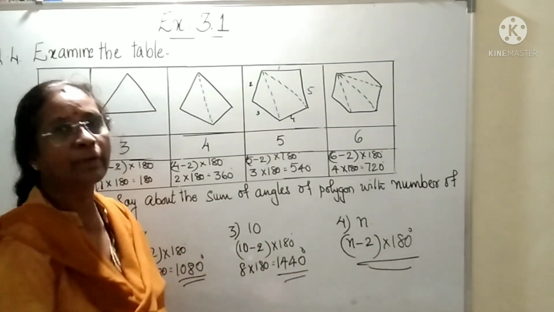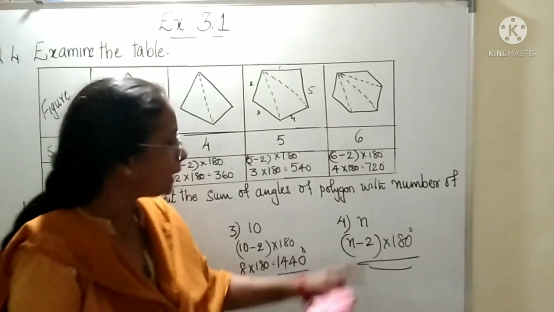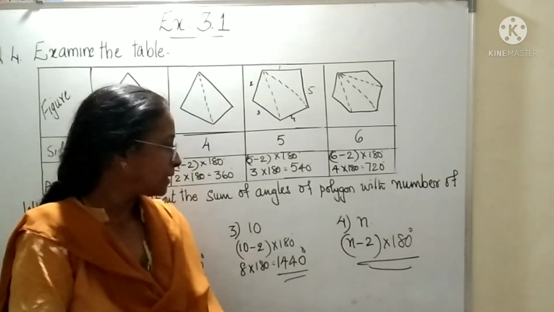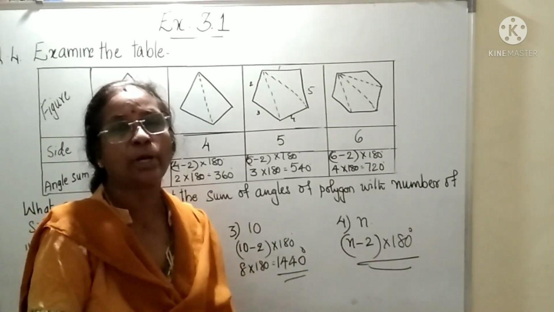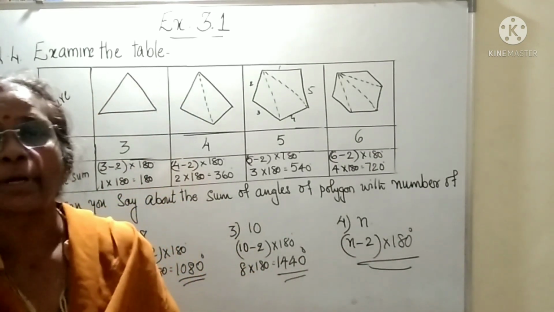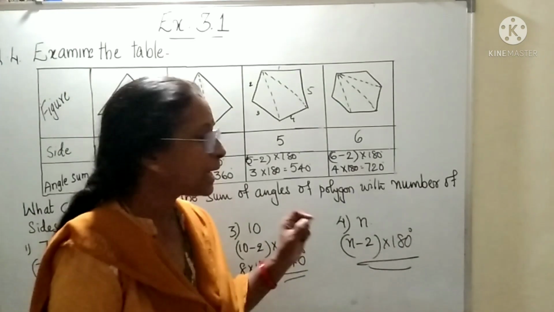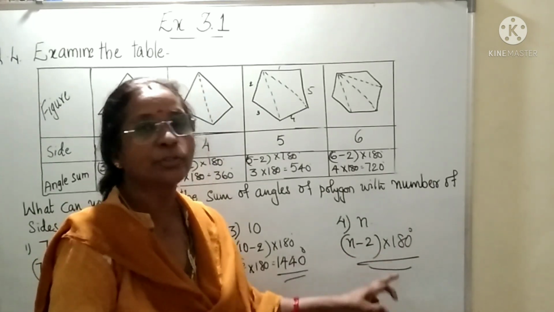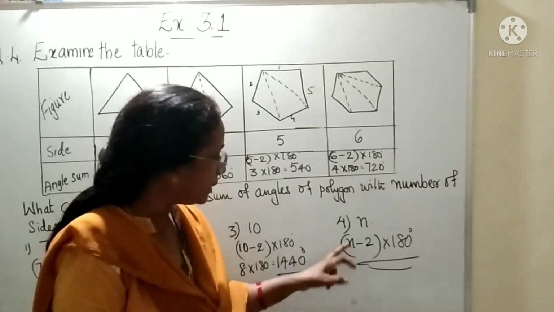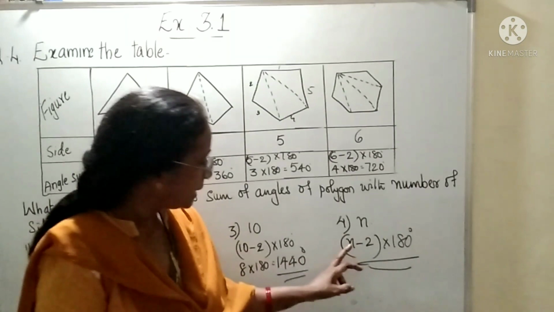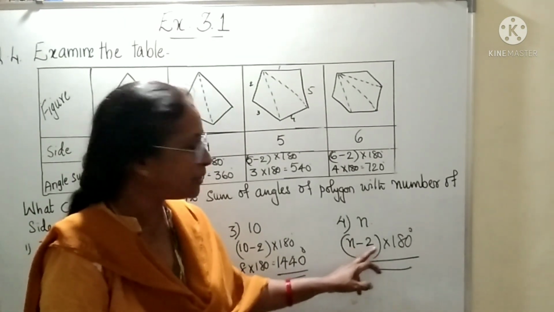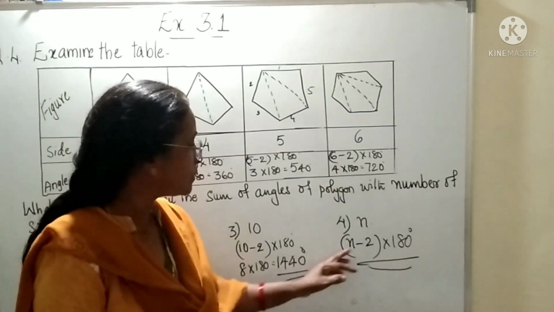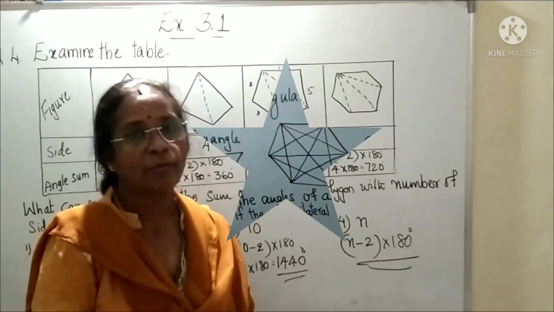Now this n minus 2 we cannot calculate. If you know the value of n, then only you can calculate. Okay. So this is a general formula to find the total measure of angles of any polygon with side n. That is n minus 2 into 180. If it is 100 sides, then 100 minus 2, that is 98 into 180. If there are 1000 sides, then 1000 minus 2 into 180.